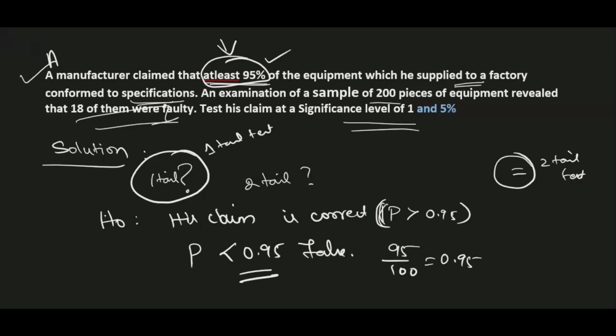If his claim is wrong, then only one side we are comparing, so it is a one-tail test. When this is exactly equal, it could be less than or greater than, so it is a two-tail test. Already his specification is that at least 95% of the equipments are up to the specifications. So we have decided that it's a one-tail test.